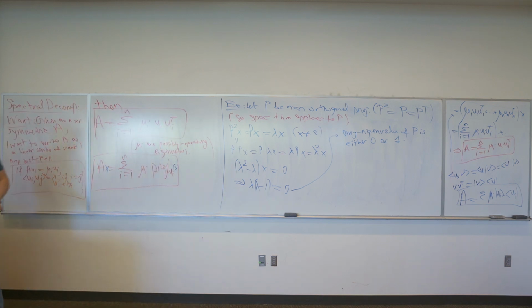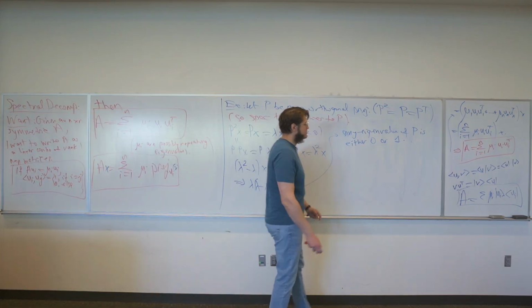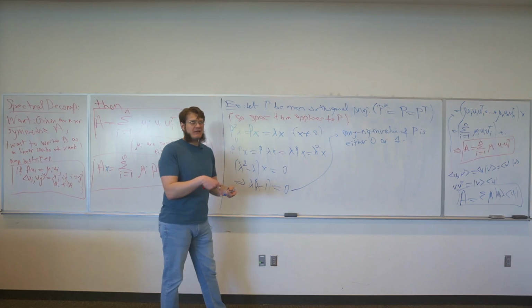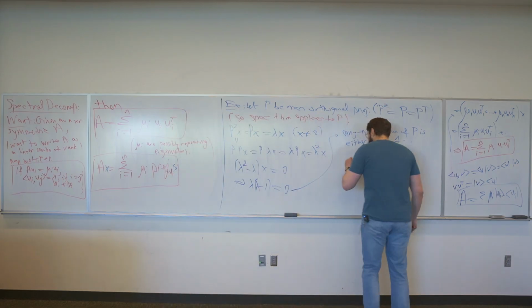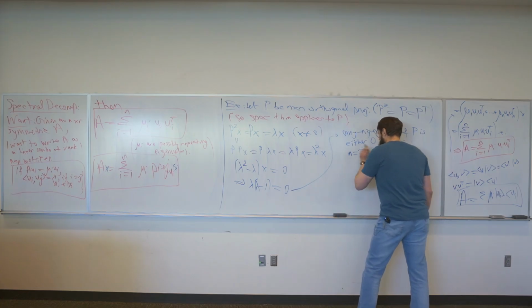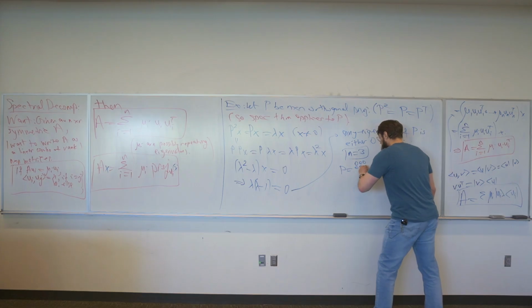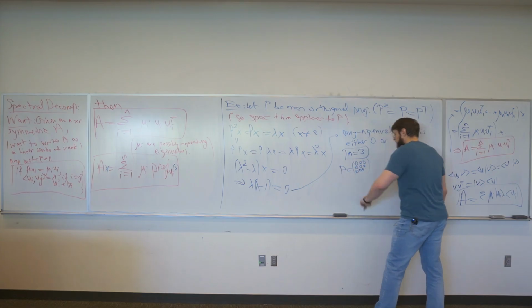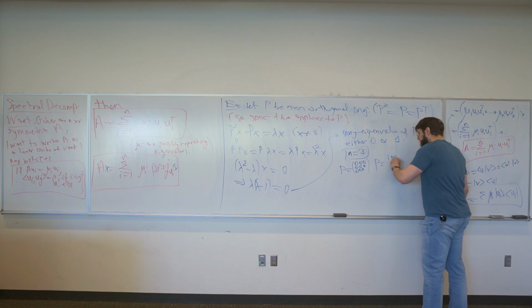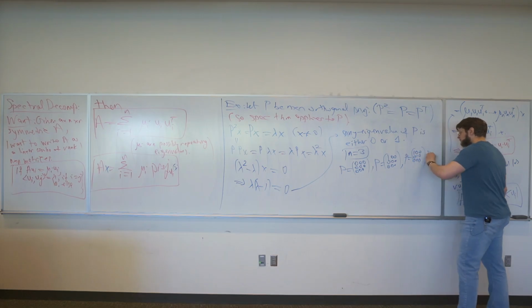So if I were to look at the spectrum, I have only so many options. So for instance, if n were equal to 3, let's do it. In this case, I can have this, I can have this, I can have this, or I have the identity.